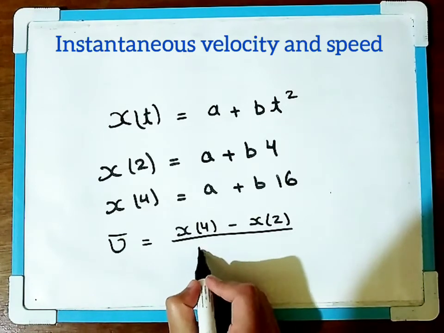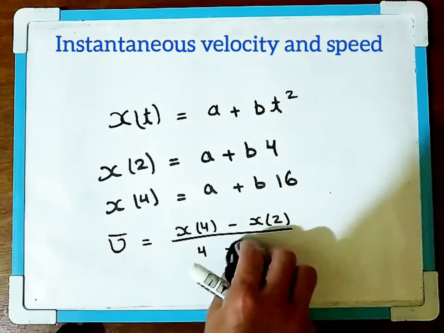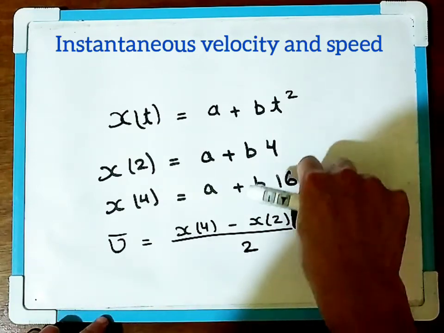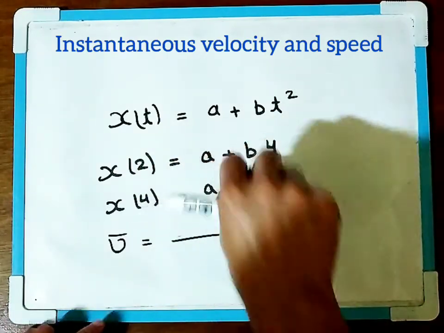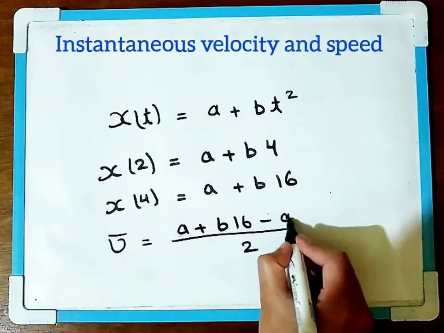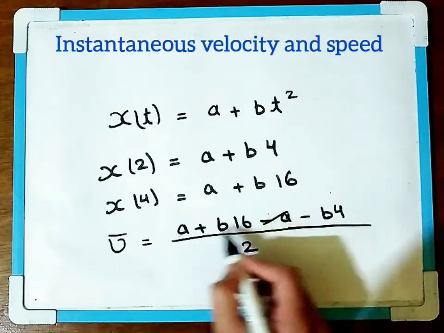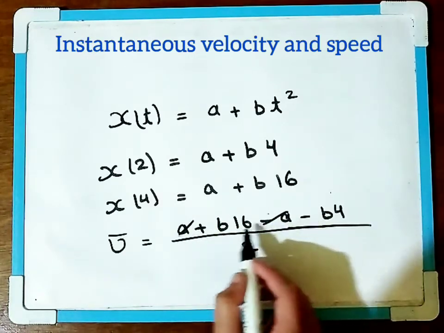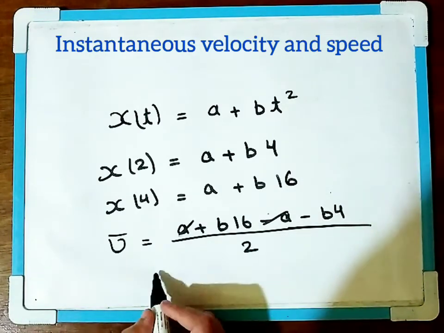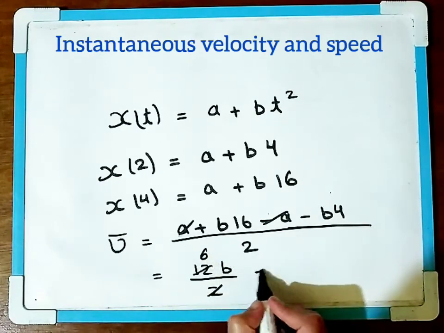So the time interval will be 4 minus 2, which is equal to 2. In the above formula you simply put x4, which is a plus b times 16, minus a minus b times 4. So the a cancels, then we have 16 minus 4 which gives you 12, so you'll get 12b by 2, then we'll have 6b.